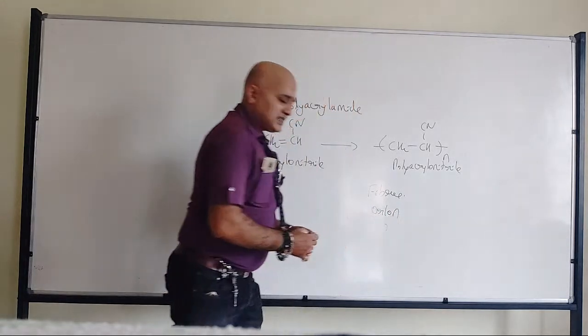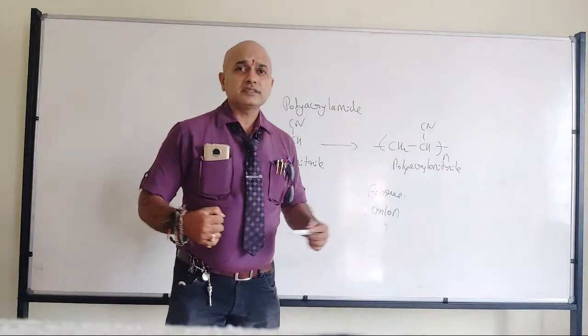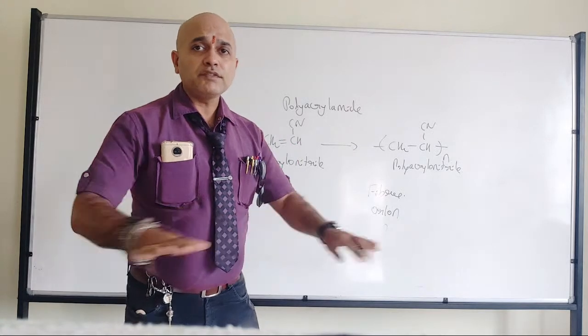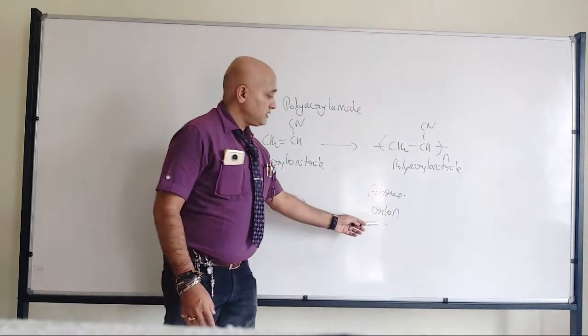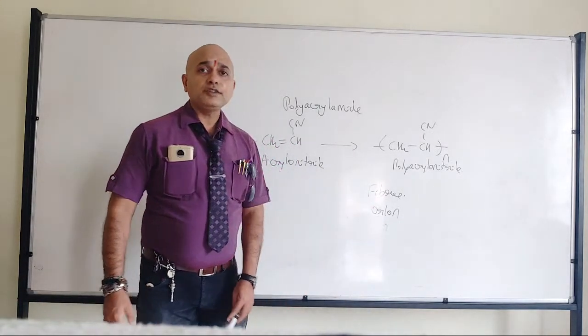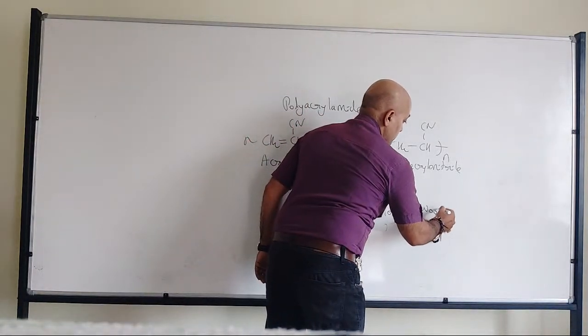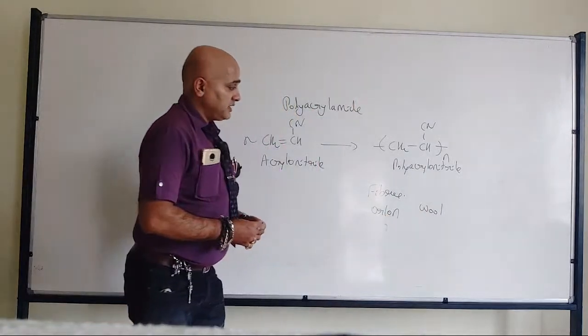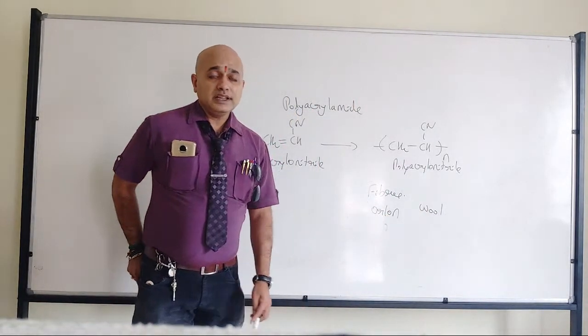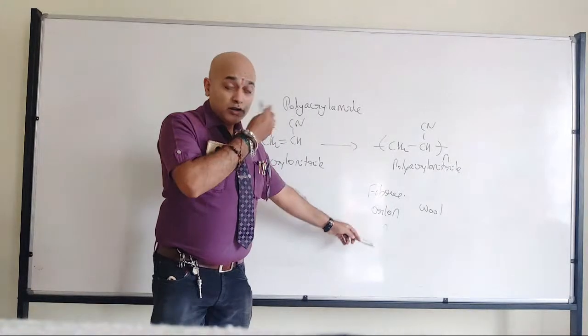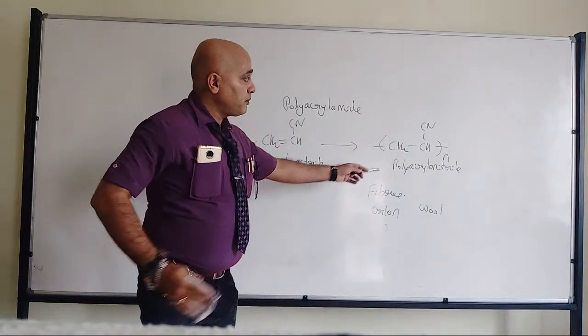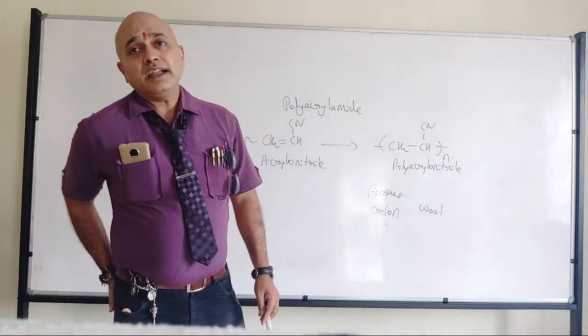It will be utilized in sweaters and even some of the beds, Orlon bed. So that's where polyacrylonitrile will be used, even in combination with natural wool. That's where Orlon material and all, they are made up of polyacrylonitrile.